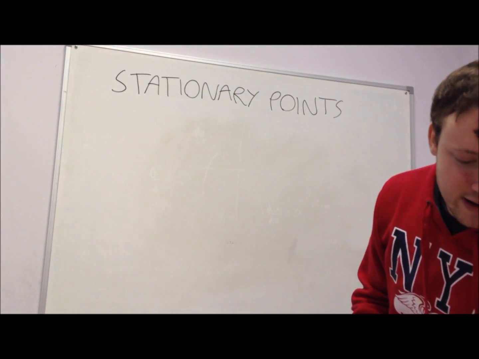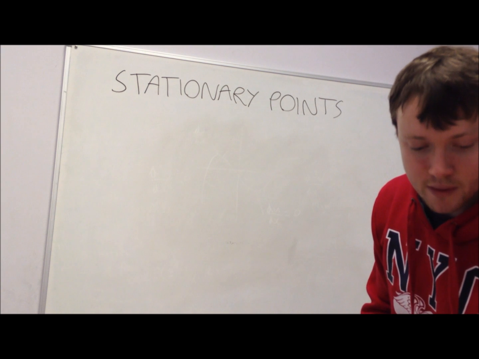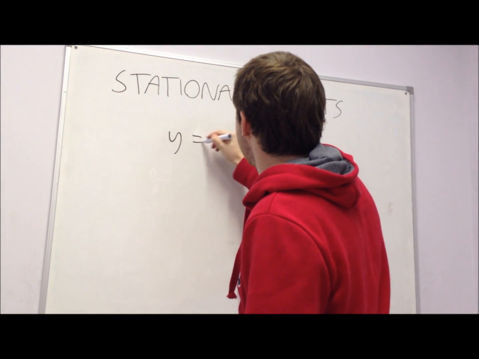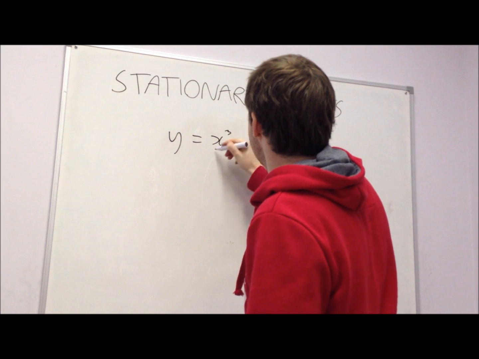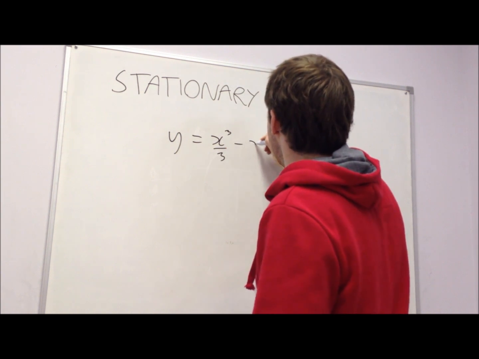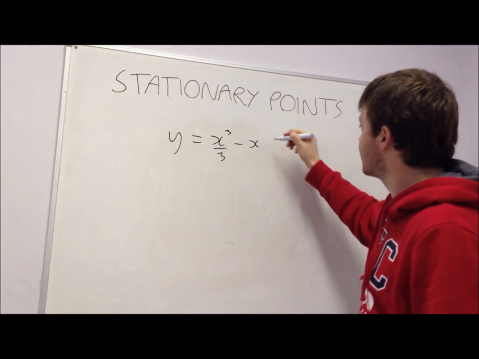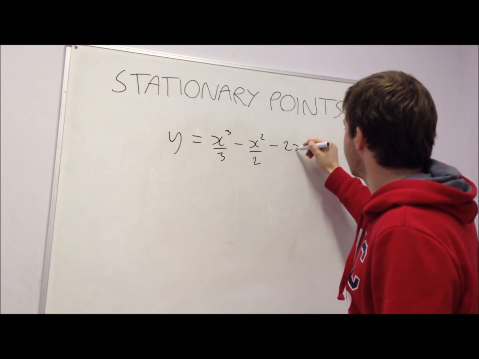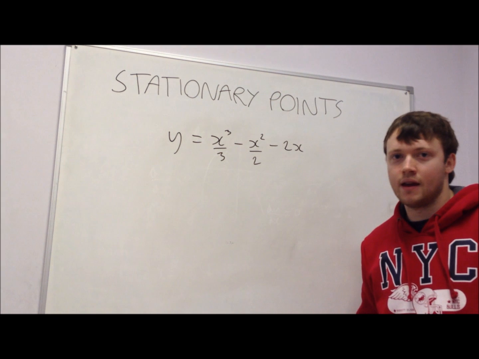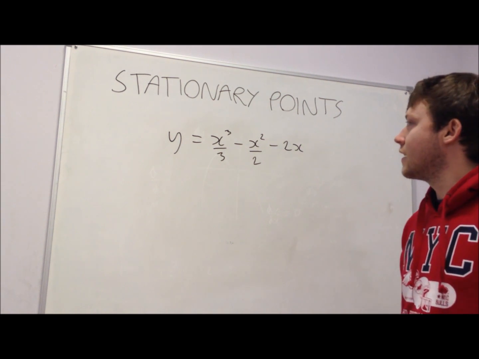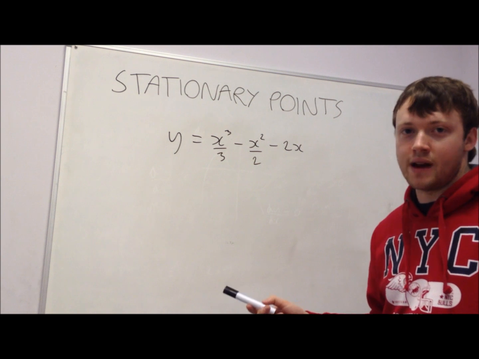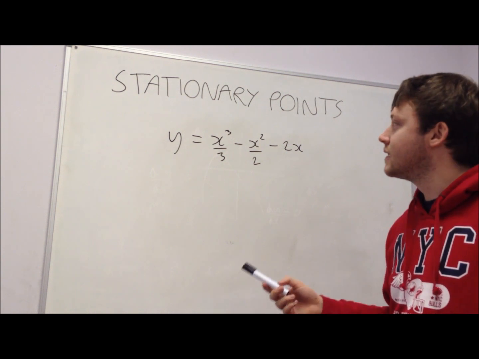Okay. Now the equation we've been given is y equals x cubed over 3 minus x squared over 2 minus 2x. Now firstly, as we've just discussed, we need to be able to set the gradient function, or dy dx, to equal 0.